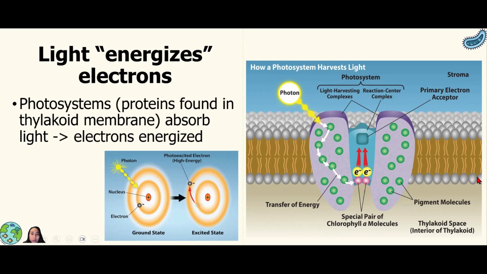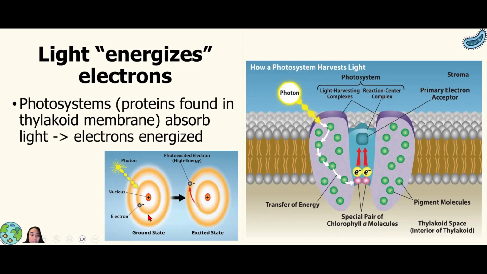Remember, the thylakoids are those pancakes found inside of chloroplasts. The photosystem has structures that absorb photons and convert that photon into energy, and that energy is transferred to two electrons, a pair of electrons, and those electrons are going to be energized.